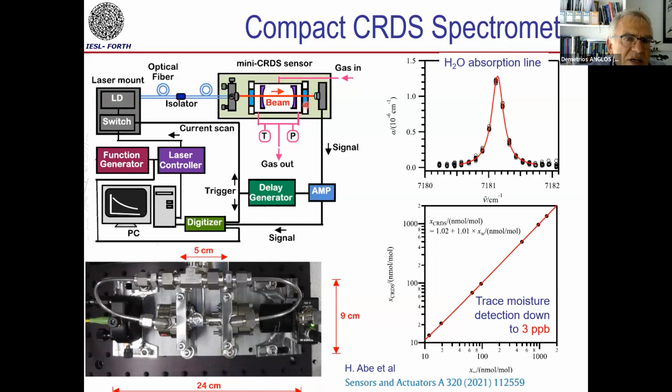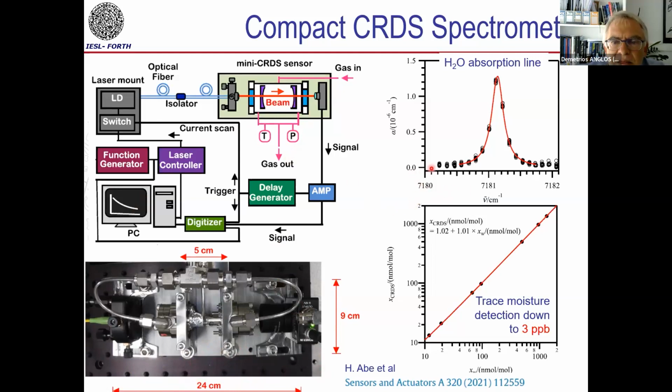That chamber here contains the gas, and by looking at the cavity ring down signal on a computer, one can quantify the amount of moisture. This is a quite compact system, as you see over here, less than 25 centimeters long, and definitely mobile.